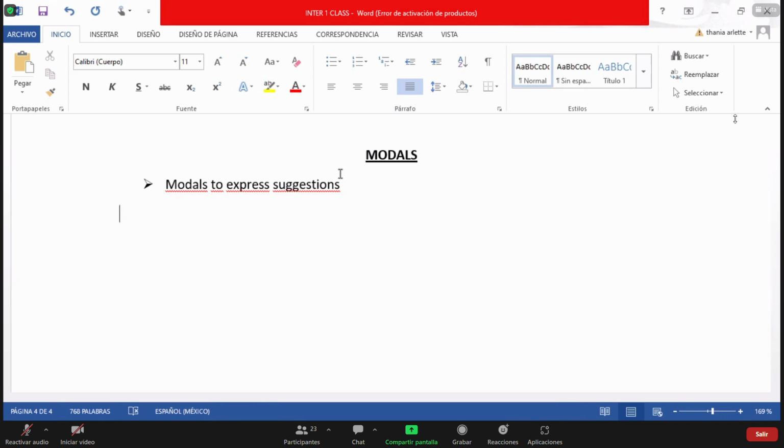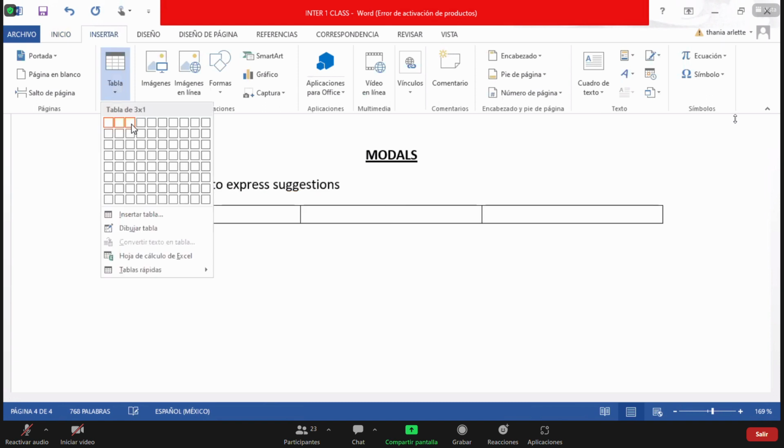That is the infinitive form of the verb without any conjugation and without the preposition to. I mean, not to cook, to dance, to swim. No. Just the verb in infinitive form, okay? Another characteristic is that all the subjects have the same form of the modal.